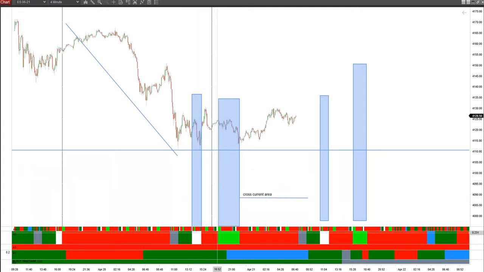So this prior window, this little red window right here, all we had to do was make a higher low outside of that window. You can see that the high in that window is right here where my cursor's at. The low for that window was right there. So we made a new low from that window. And then we come into a cross current area, but since we're really sitting on a triple bottom, we should be favoring the long side.